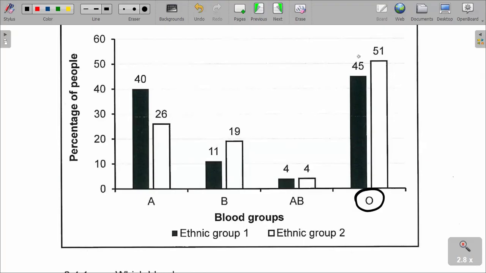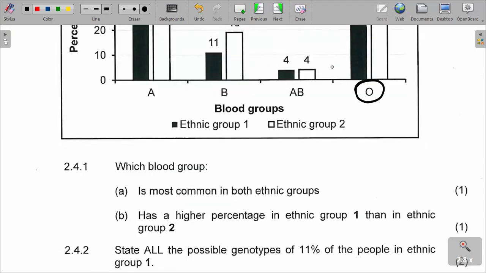O has got 45% in ethnic 1 and 51% in ethnic 2. So the most common one is blood group O.